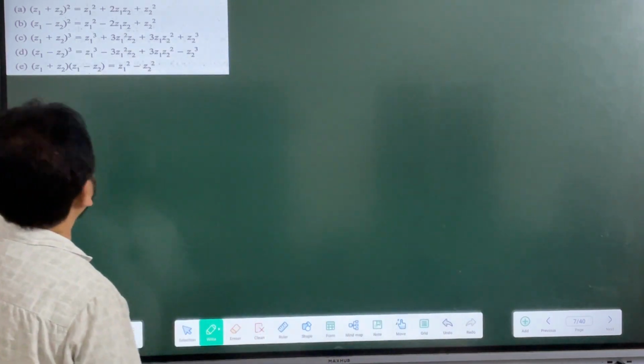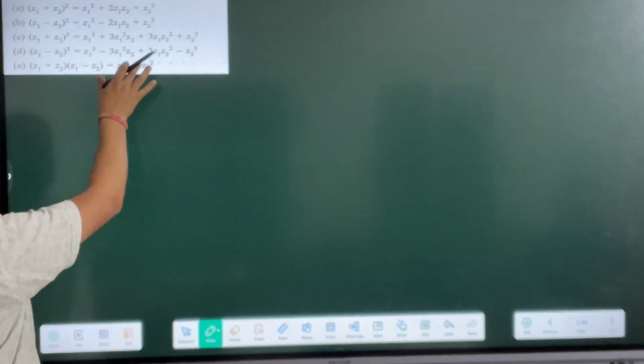A few of these are simply stated below. These are the formulas. If you cannot remember, if you do this practically, you will get this. Z1 plus Z2 whole square, so a plus b whole square formula: a square plus 2ab plus b square. Z1 minus Z2 whole square. Z1 plus Z2 whole cube, a cube plus b cube formula.